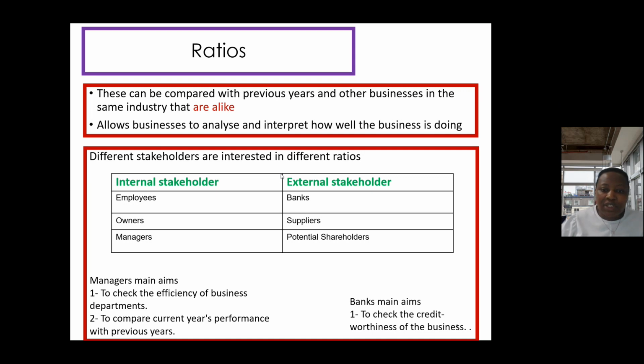We mentioned the number of stakeholders who are interested in accounting information, and we classified them into internal stakeholders and external stakeholders. So people who are interested in these ratios will fit into this stakeholder classification.